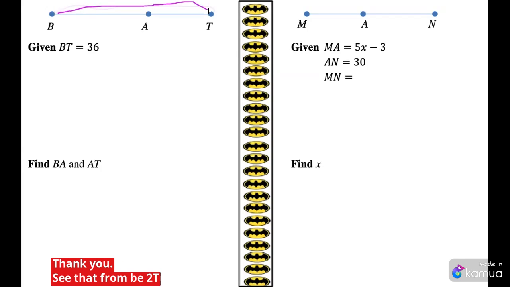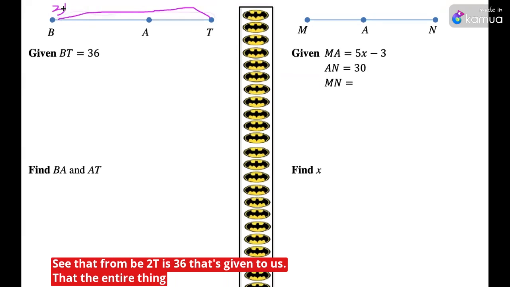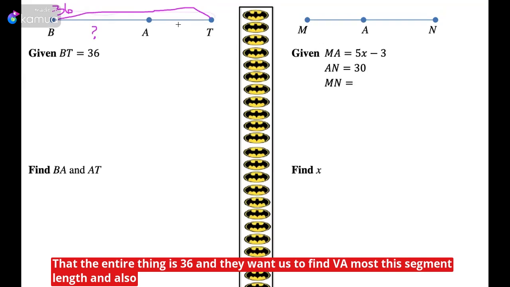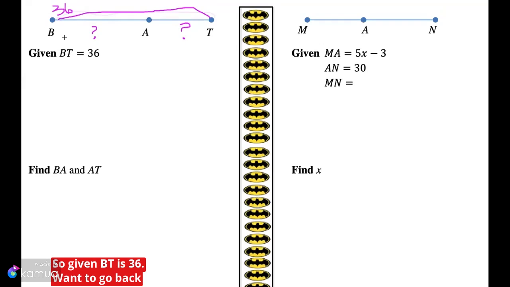From B to T is 36. That's given to us that the entire thing is 36. And they want us to find BA, what's this segment length, and also AT. So given BT is 36, we want to go back and find BA and AT.